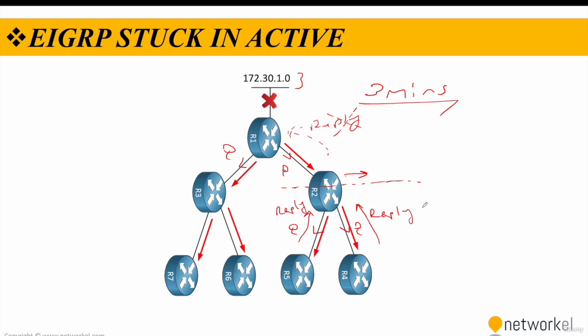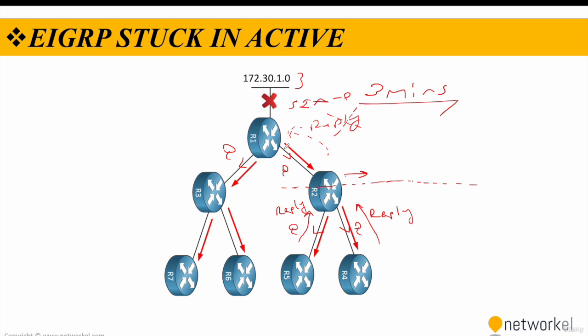After Cisco IOS, I believe 12, Cisco made a modification to this behavior. Let's say router 1 sent a query and the query came to router 5 and 4 from router 2, and they sent a reply and somehow this reply is blocked. Then they introduced something like the SIA query packet.